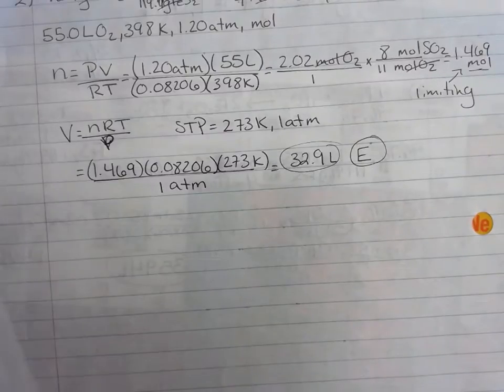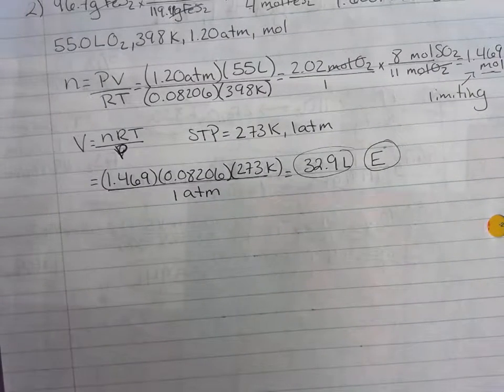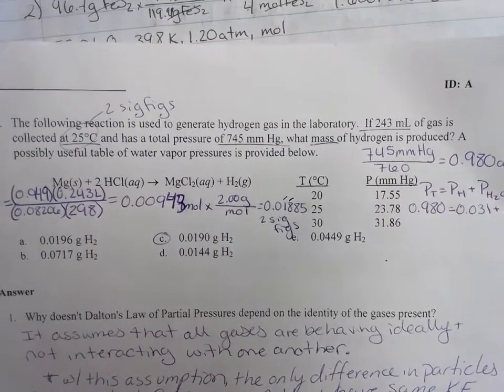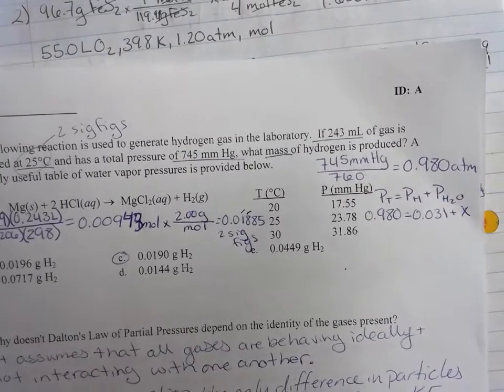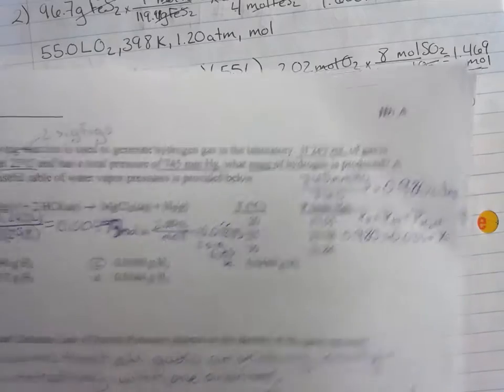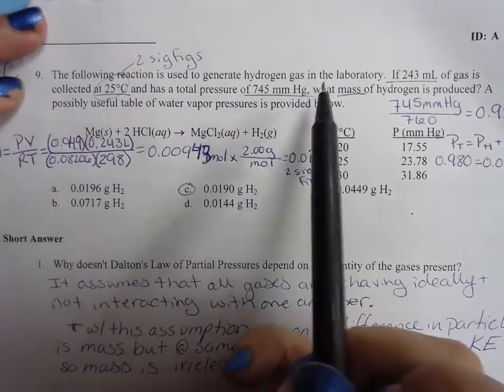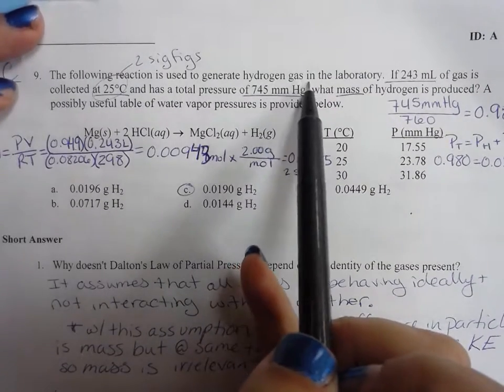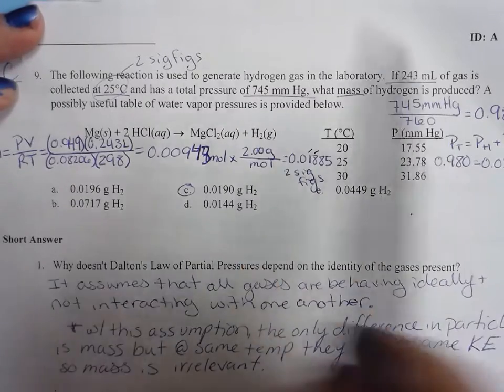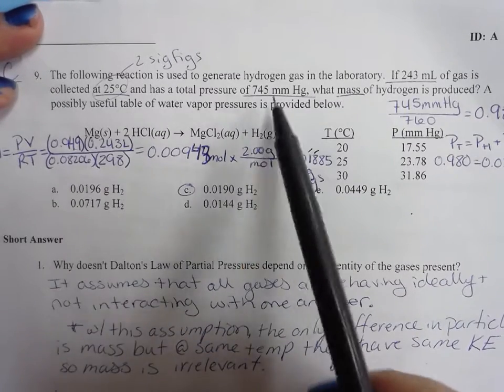And then number 9 was the next one that people struggled with. Again, a lot of information, but this one was directly from the mini lab that we did, the collection of gas over water mini lab. We're generating hydrogen gas in a laboratory. We are given volume, temperature, and the total pressure.